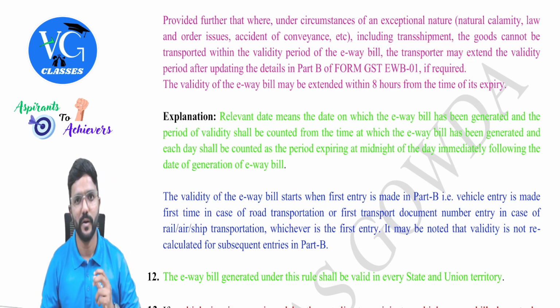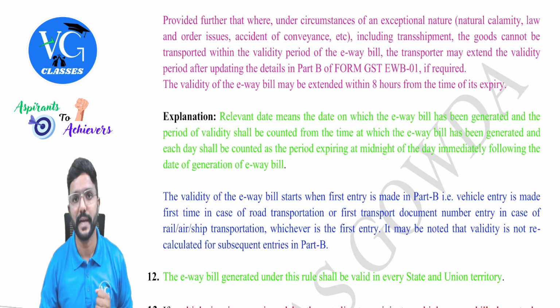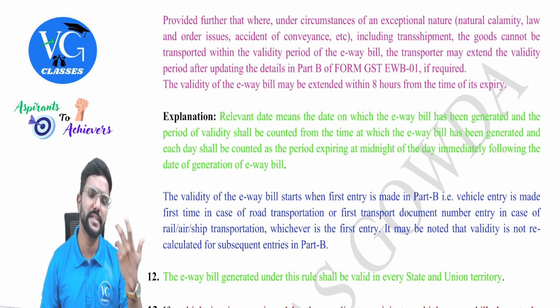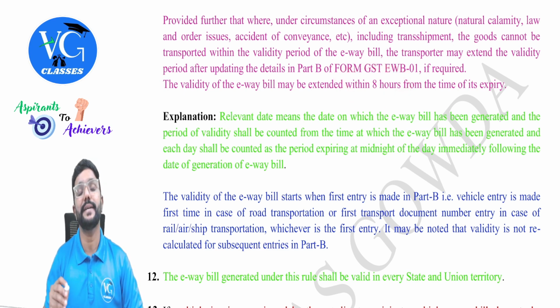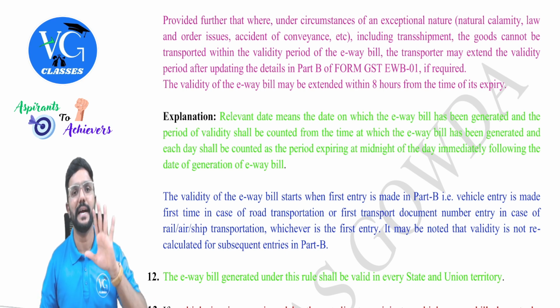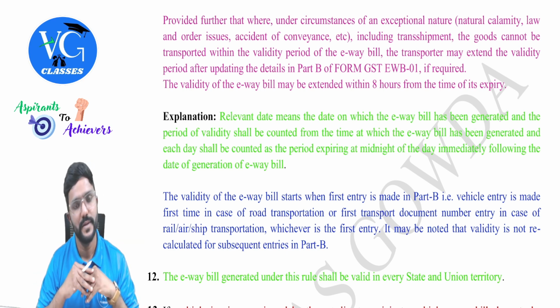Because sometimes due to damage, repair or breakdown of vehicles, we cannot deliver on time. Or even a natural calamity or strike where there is no movement of vehicles. In that case, can we ask for extension? Yes. The validity of the e-way bill may be extended within 8 hours from the time of its expiry.